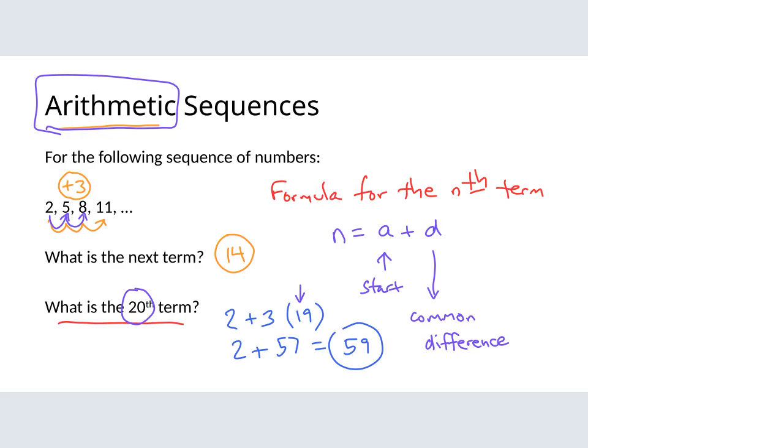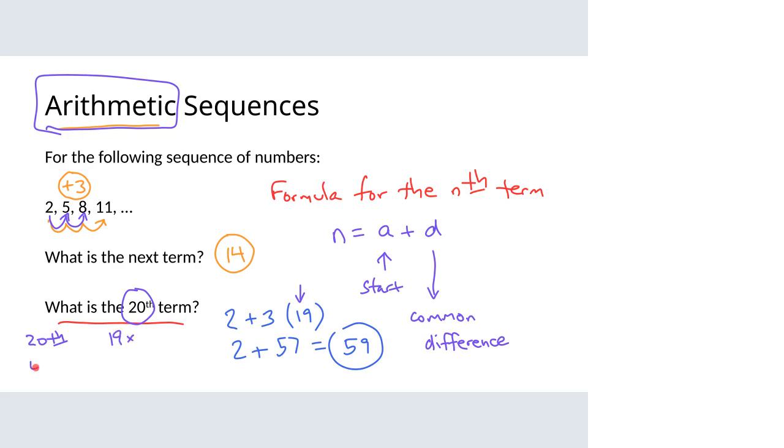And maybe I can lead you a little bit. When we wanted the 20th term, we had to do 19 common differences. Not quite, Courtney, but you're on to something with the subtraction. So if I wanted the 20th term, I needed to do the common difference 19 times.